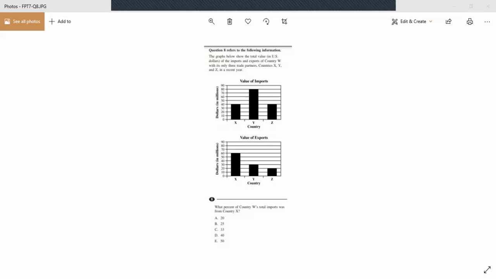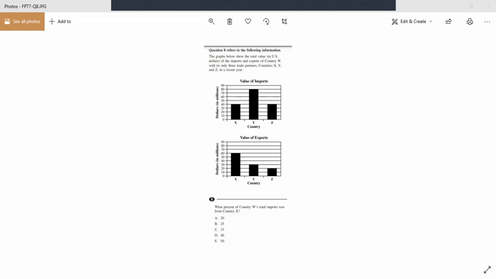Okay, so the first thing I see is value of imports. I see dollars in millions on the left-hand axis, and the scale goes from 0 to 90. That means dollars range from 0 US dollars to 90 million US dollars. Along the bottom axis, we have the 3 countries, X, Y, and Z, and a bar for each country.